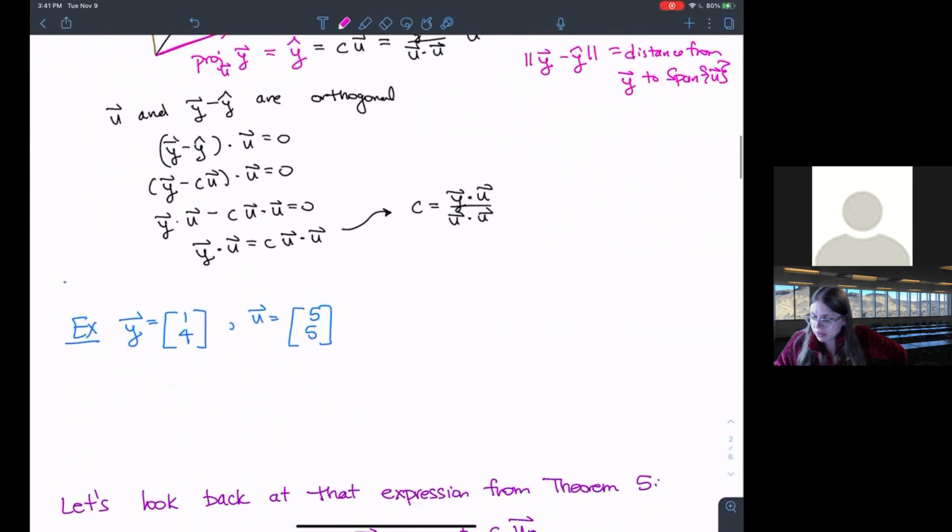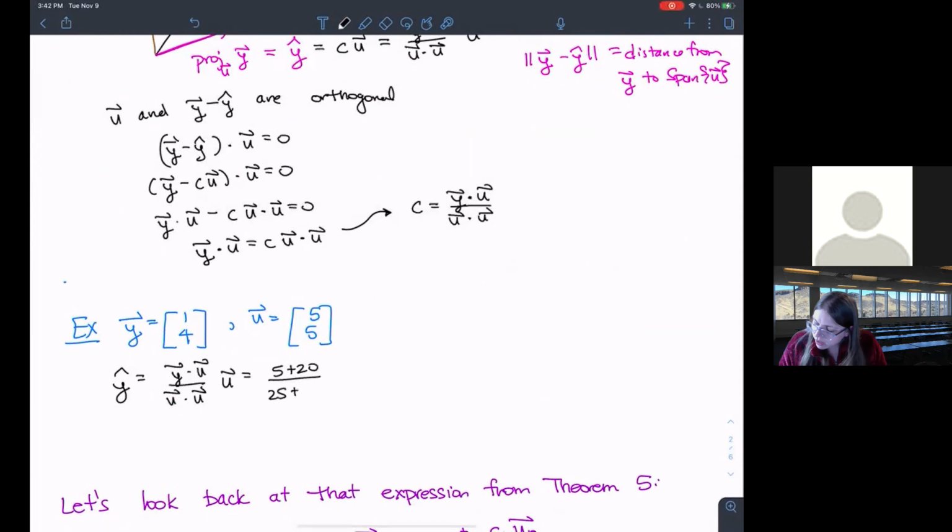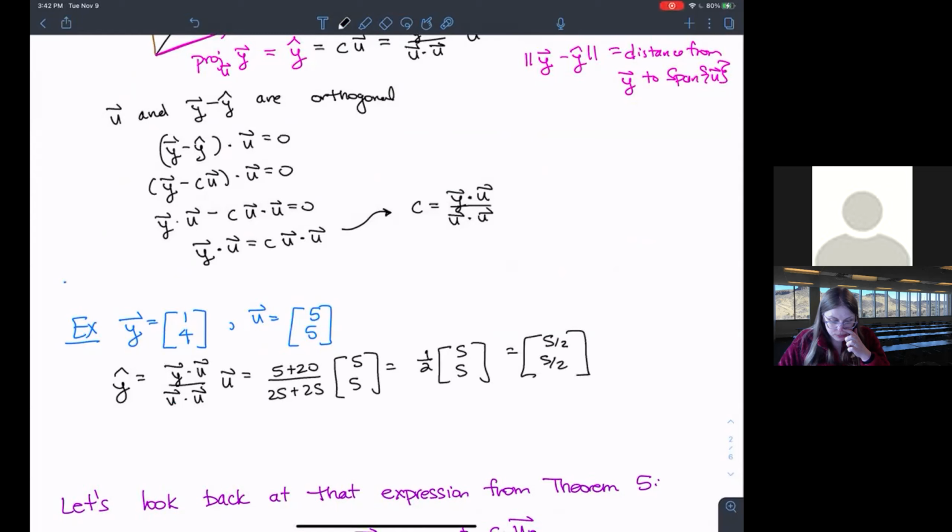Let's just do a little example. If the vector y is 1, 4 and u is 5, 5, then I can compute y hat is going to be y dot u over u dot u times u, which is 5 plus 20 over 25 plus 25 times 5, 5, giving me 25 over 50, which is a half, times 5, 5, giving me 5 halves, 5 halves for my projection vector.